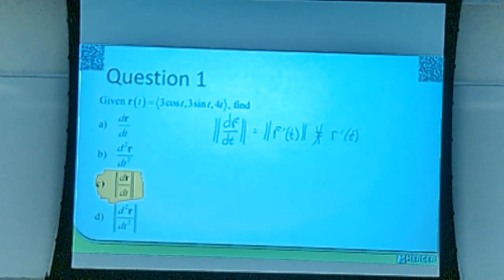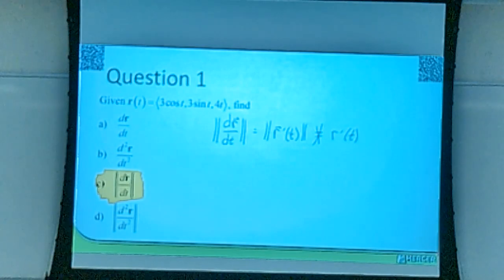The first derivative, but the first derivative of what? The vector component. What do you mean by vector component? Like the negative 3 sine t, cosine t? That's 3 components, so what do you mean when you say vector component? With all the components.